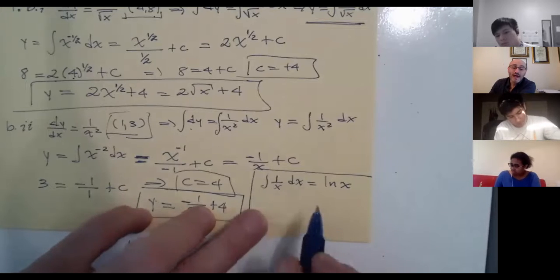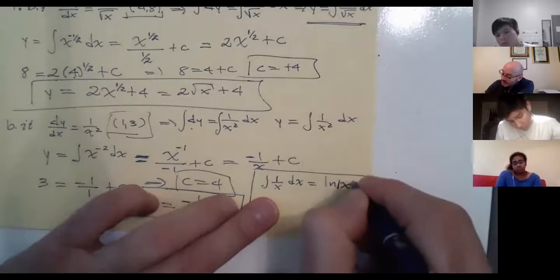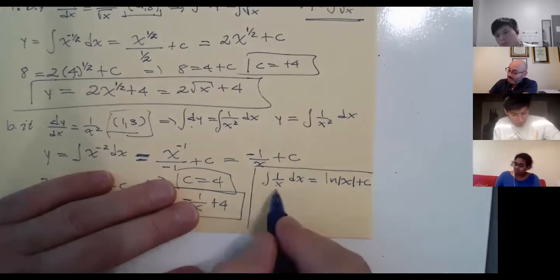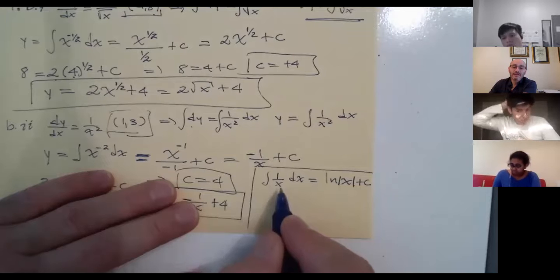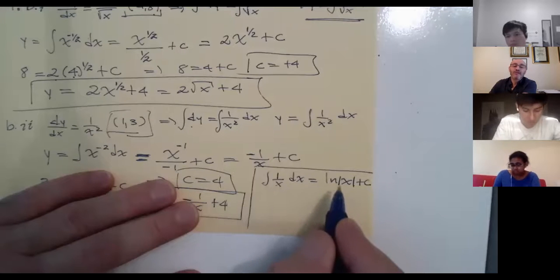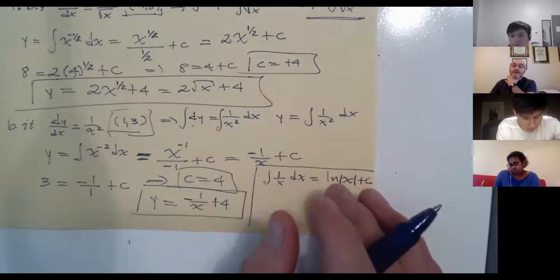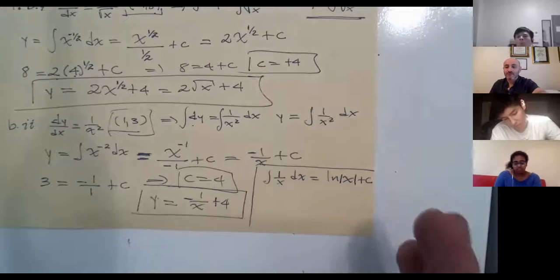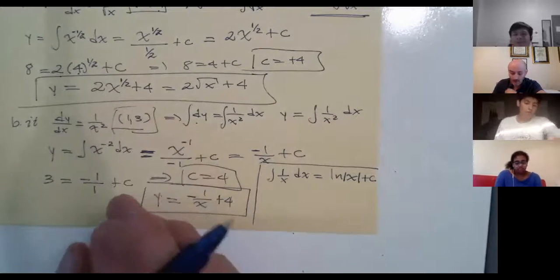So the actual antiderivative is ln of the absolute value of x plus c. If we know that x is positive, then it's just ln of x. But if we don't know what x is, then it's the ln of the absolute value of x, okay? Keep that in mind as we find antiderivatives of ln, okay? All right, so that's 1.